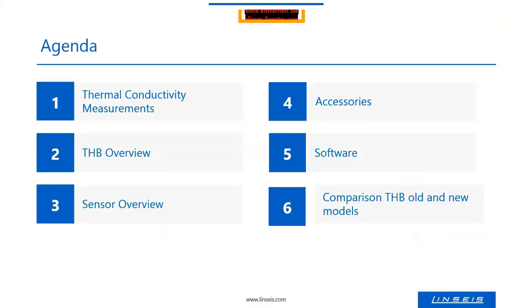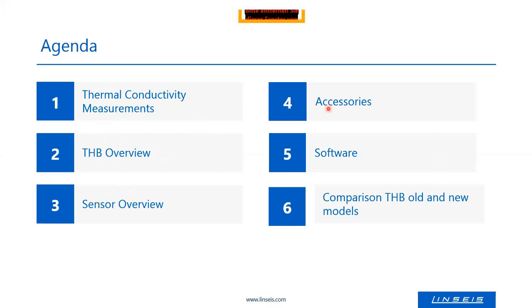So the outline for this seminar is, at first, I will give you a short overview of how thermal conductivity can be measured. Then I will show you the THB, how it works, which sensors we have and which sensors can be applied for which individual application.